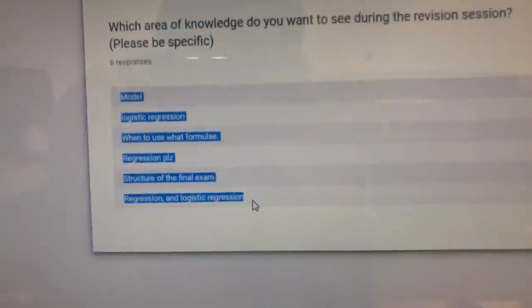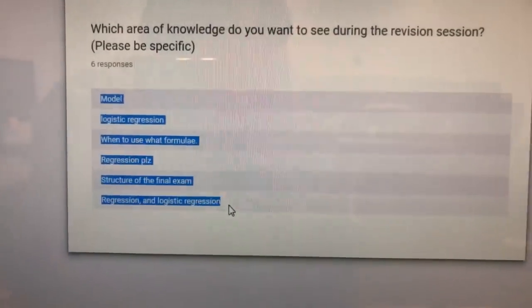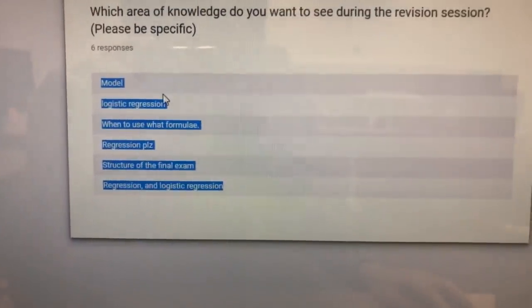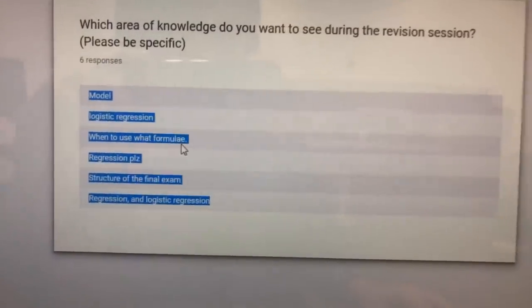Okay, anyway, now let's look at some common topics that you want to cover in today's revision class. From the survey I had, 6 of you have replied, and let's see. Okay, look, you want to cover model, logistic regression, when to use what formula.